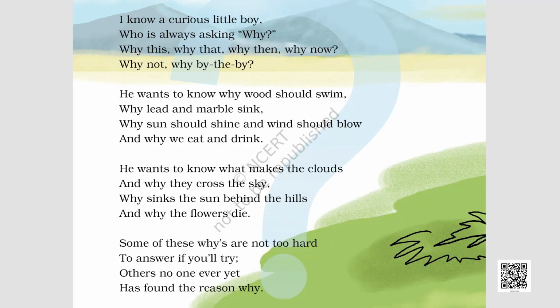The poem that we read had many rhyming words. The poem is here for you. Can you look at the poem once again and find the rhyming words? Yes, why rhymes with buy, sink with drink, sky with die, and try with why.